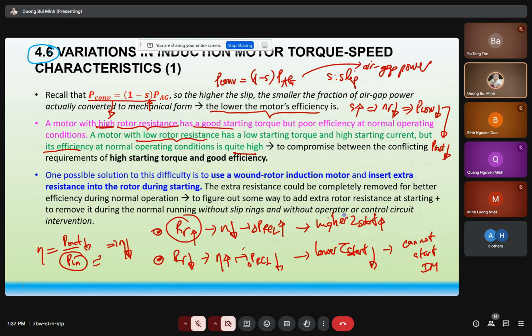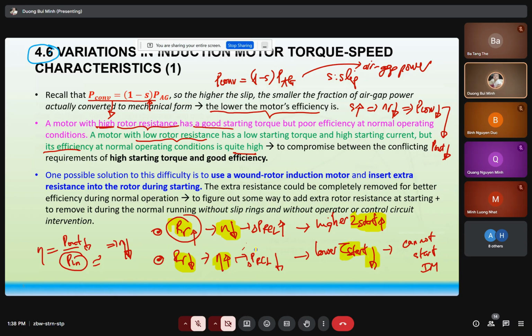Of course we have a trade-off between efficiency and starting torque. Increase rotor resistance: lower efficiency, higher starting torque. Otherwise, we increase efficiency but lower starting torque.